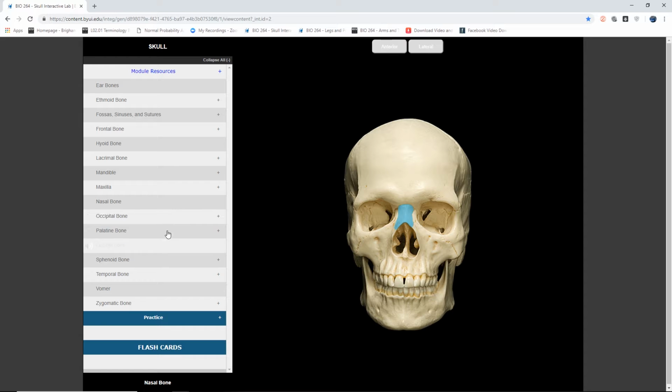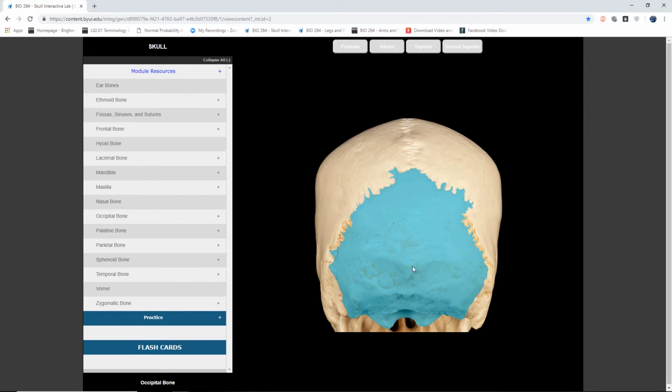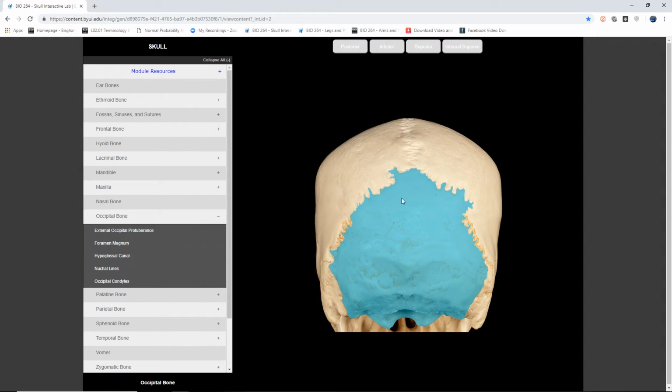Next is the occipital bone. Now the occipital bone is directly behind the eyes. So the first part of the occipital bone that we're going to look at is the external occipital protuberance.